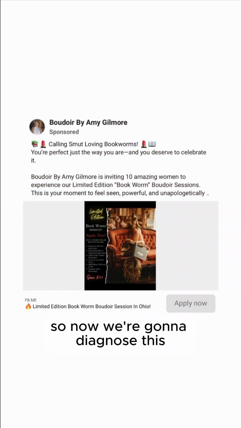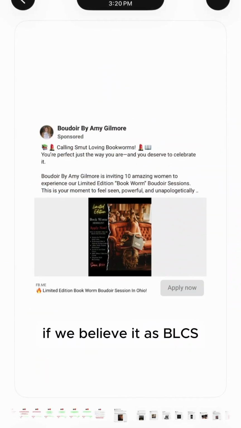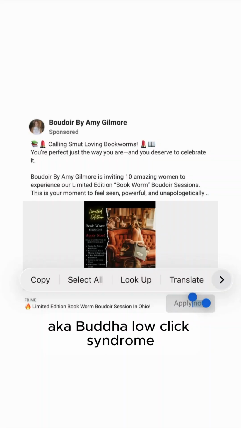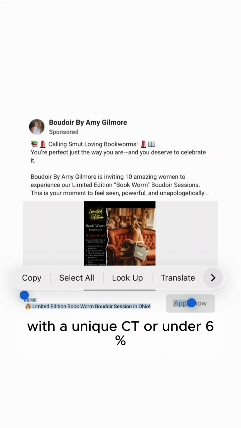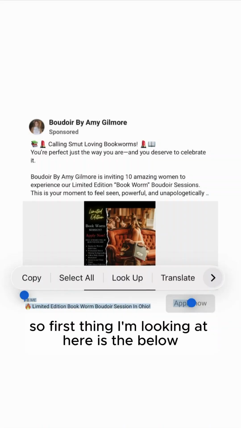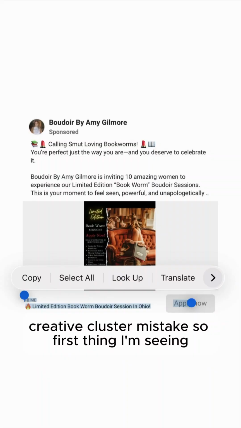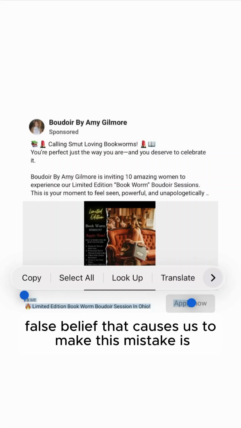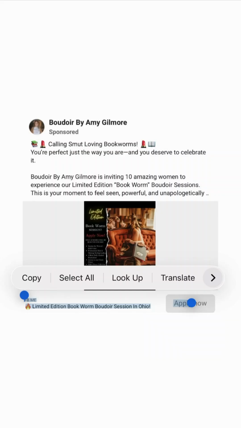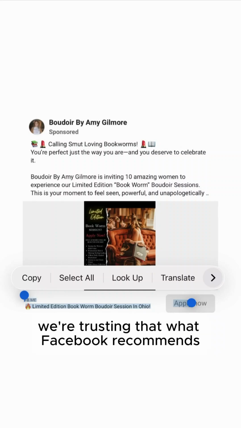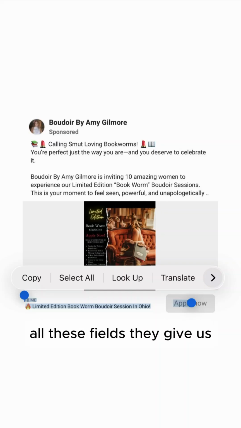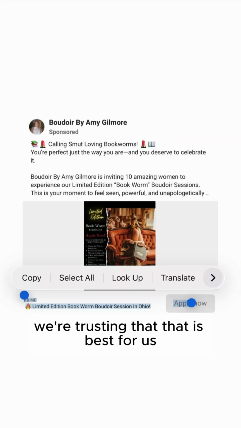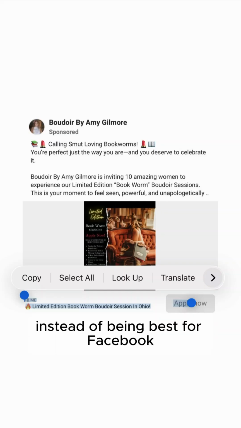So now we're going to diagnose this if we believe it as BLCS, aka Boudoir low click syndrome, with a unique CTR under 6%. So first thing I'm looking at here is the below creative cluster mistake. The false belief that causes us to make this mistake is we're trusting that what Facebook recommends for us to fill out in our ads, all these fields they give us, is best for us instead of being best for Facebook.